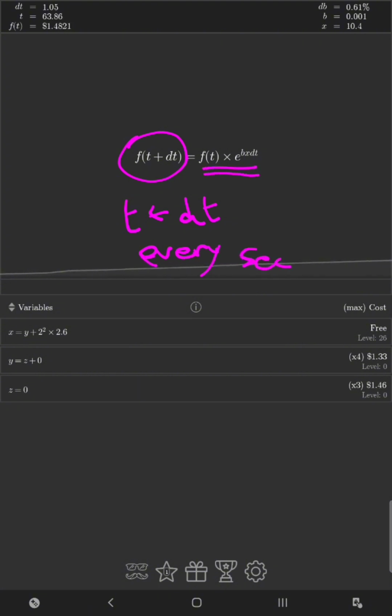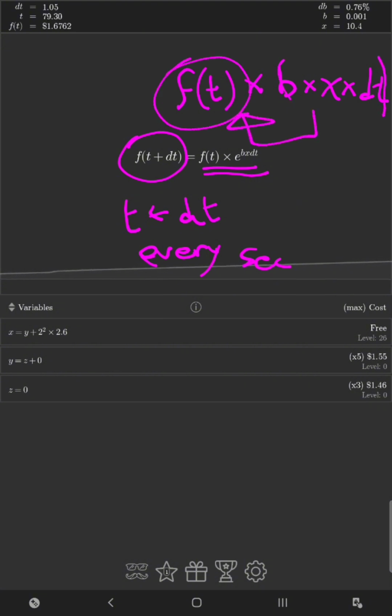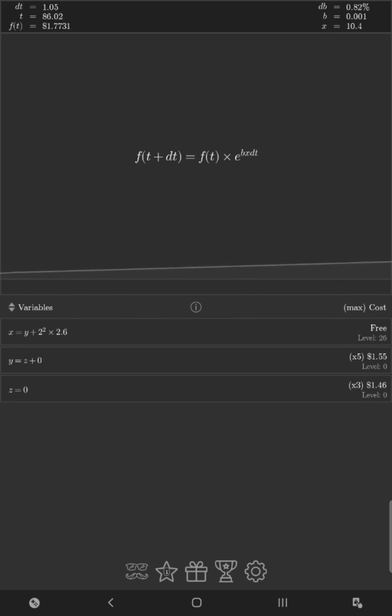And then here, ft is our main currency, and we times that by b times x times dt, like this, and we add this to our main currency every second. Yes. And here we have the price of the variables.